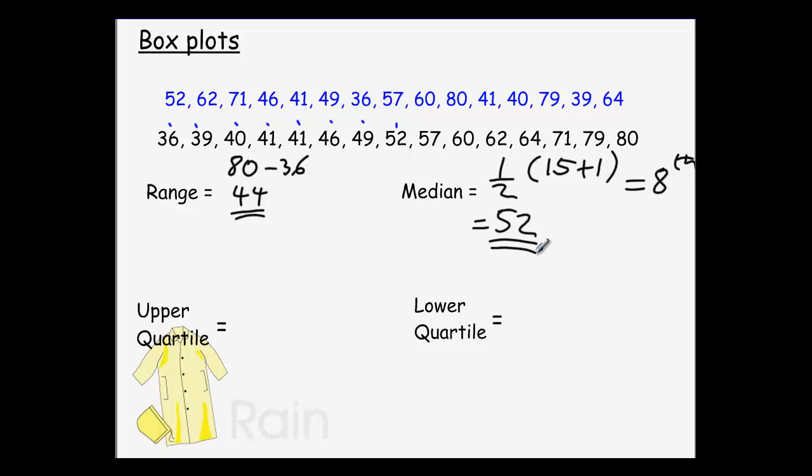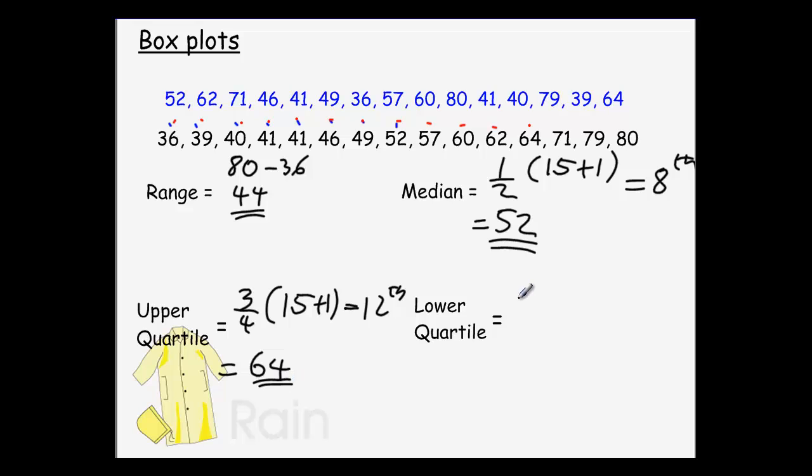The upper quartile, well, to find that, we want 3/4 of 15 plus 1, which is the 12th piece of data, reading from the smallest. 1, 2, 3, 4, 5, 6, 7, 8, 9, 10, 11, 12, which is 64.